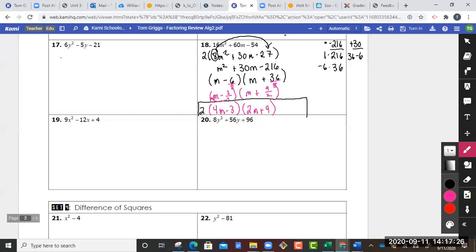To do A times C, you factor it just like we were factoring all the guess and check problems yesterday, and then you'll do step 2. Step 1 is kind of a long step. You do A times C and you get this, and then you got to rewrite it.